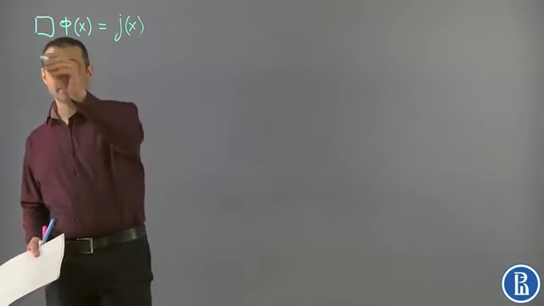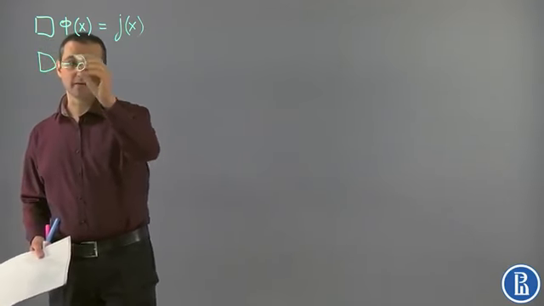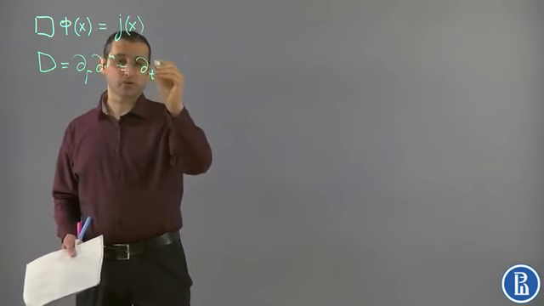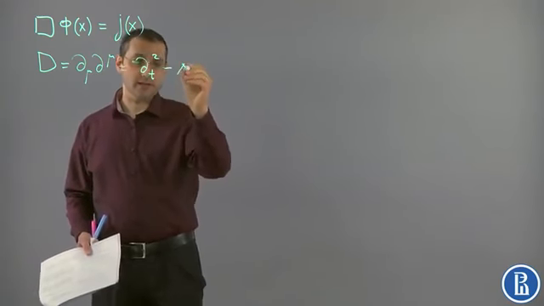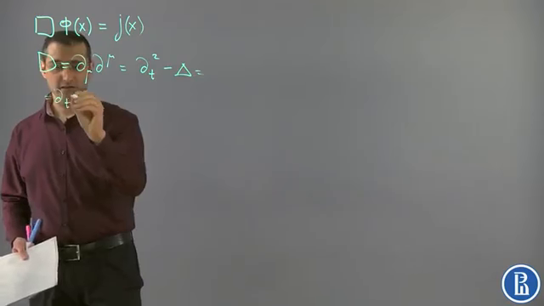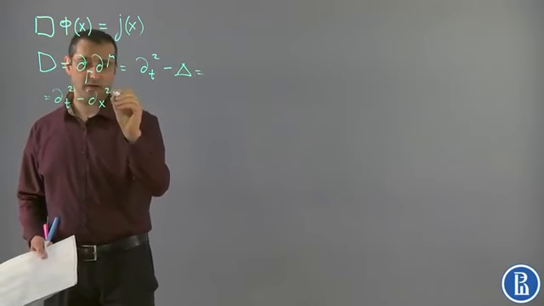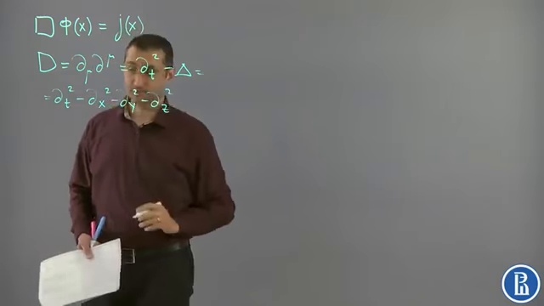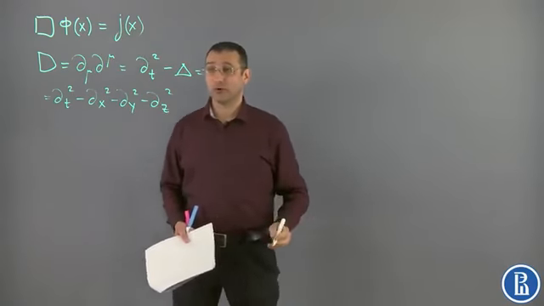This box is the D'Alembert operator, which is dt squared minus the Laplacian, which is the same as dt squared minus dx squared minus dy squared minus dz squared. So how does one solve this equation?